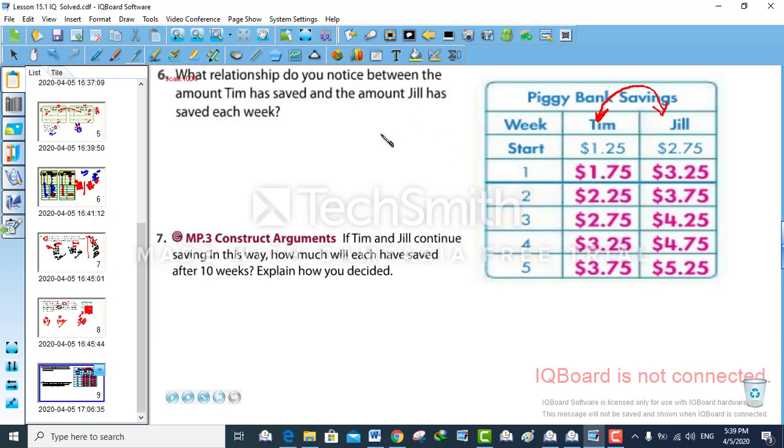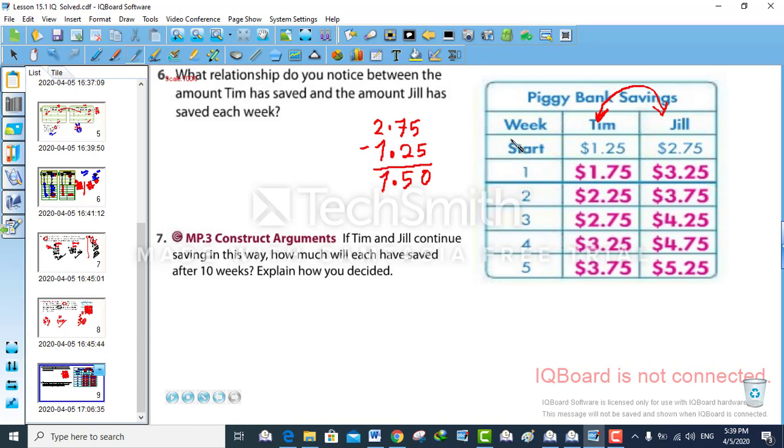Let's make, for example, 2.75 minus 1.25, 5 minus 5 is 0, 7 minus 2 is 5, decimal, the same decimal, 2 minus 1 is 1.